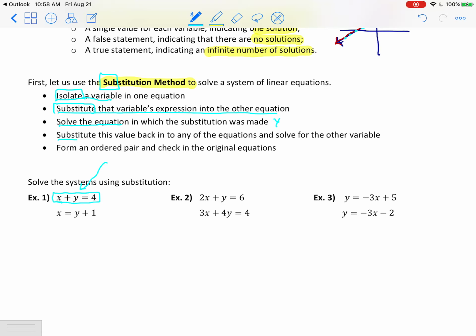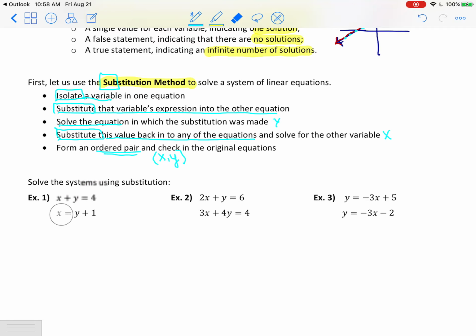Then we can substitute that value back into any of the equations to solve for x. And then, of course, we always write our answer as an ordered pair, so we always have an x and a y. And that solution means that at that point, that x and y point, is where those lines intersect.